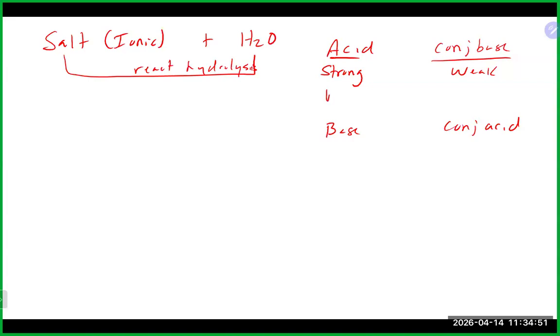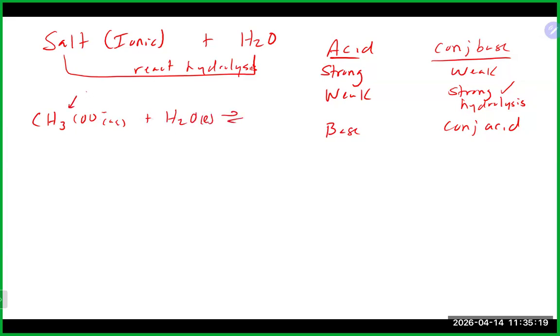If it comes from a weak acid, that conjugate partner will be relatively strong, and this will go through hydrolysis. So again, like I wrote earlier this morning, if we had acetate, it comes from acetic acid, and acetic acid is a weak acid, which means acetate is going to be basically a conjugate base.